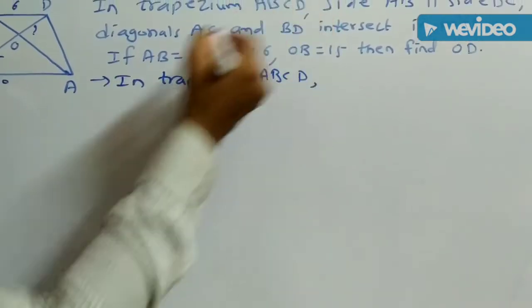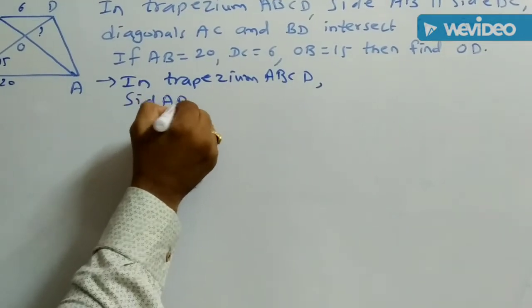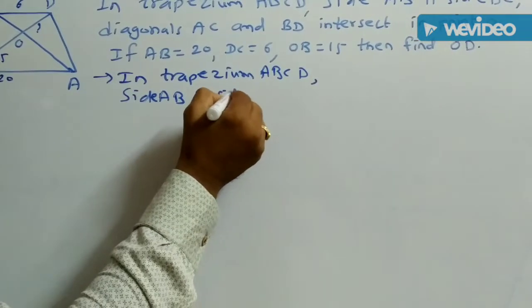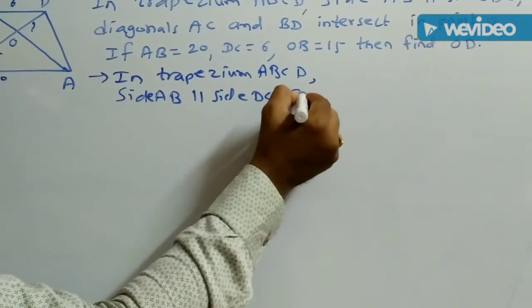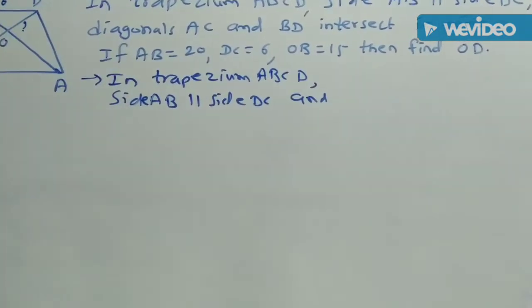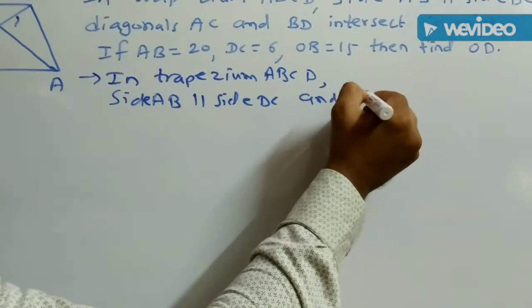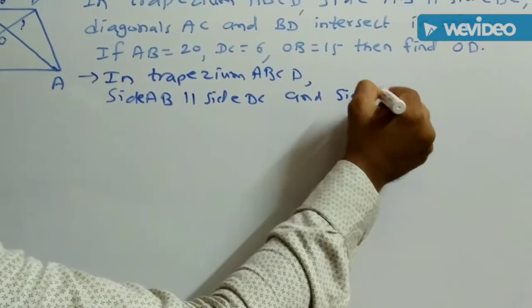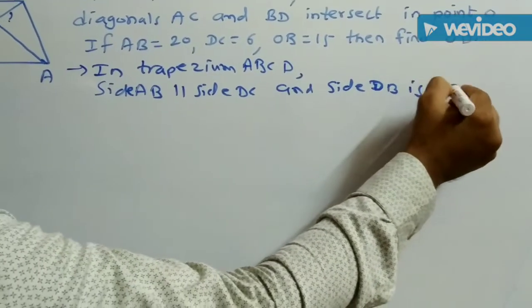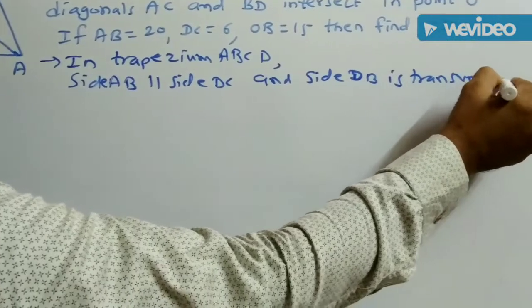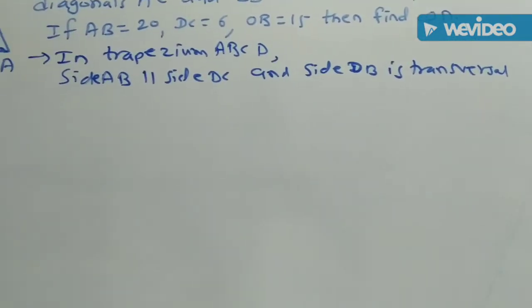ABCD, side AB parallel to side DC, and if we see this DB is the transversal, therefore side DB is transversal, and therefore their alternate angles are congruent.